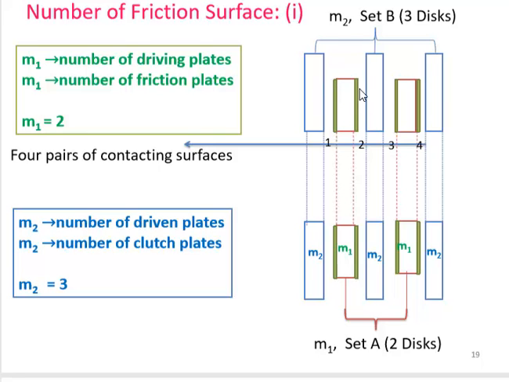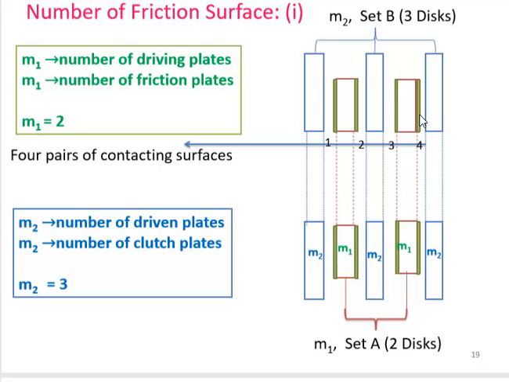One is this surface, the other is that surface, and these surfaces come in contact with the clutch plates so that the engagement happens and the power is transmitted. Similarly, the next friction plate that is here also has two surfaces which will get connected with the adjacent clutch plates.